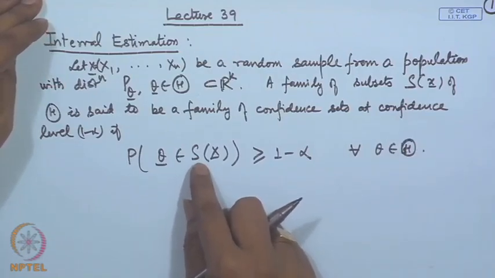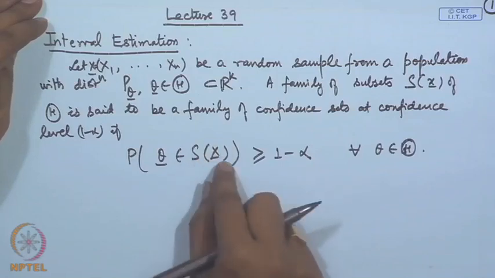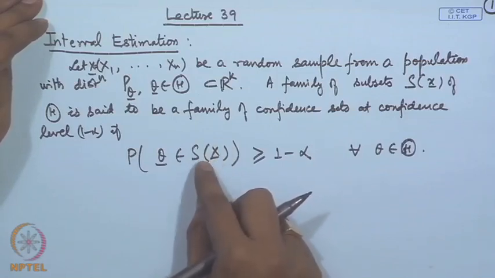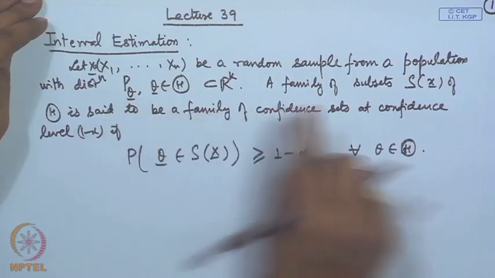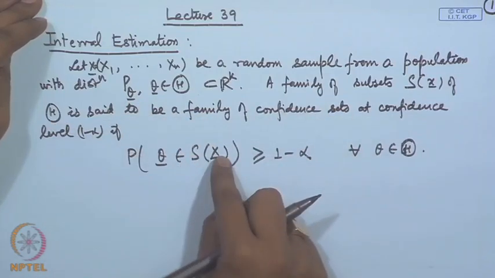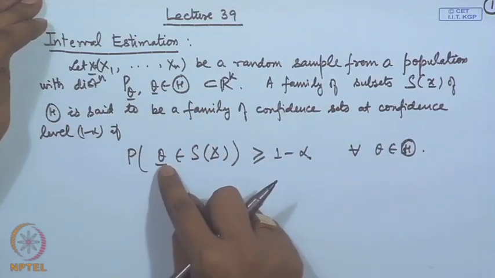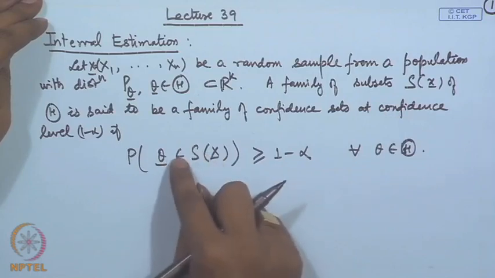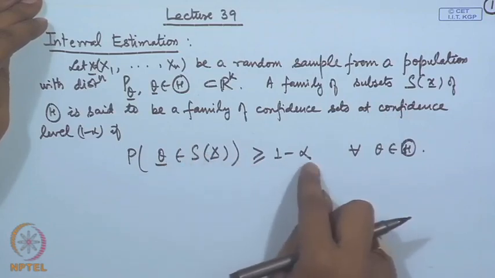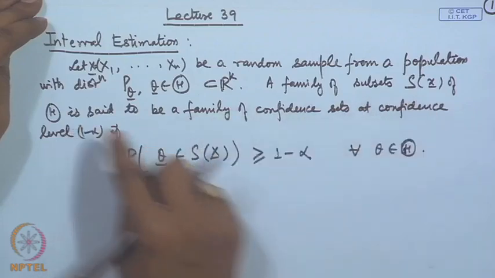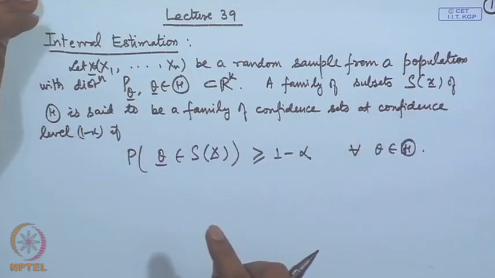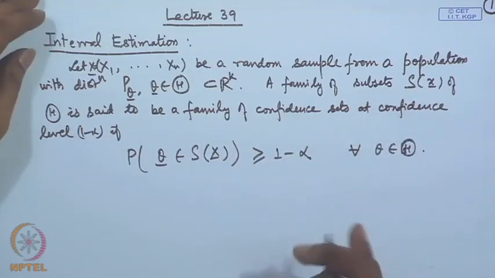So, you can see here that this set, which is of course a random set, S(x), is a subset of Theta. So, a random set includes theta, and the probability of this statement is greater than or equal to 1 minus alpha. Then we say S(x) is a family of confidence sets at confidence level 1 minus alpha.